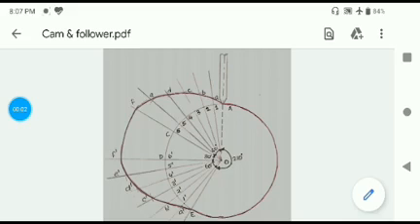Also, I would want you to think over the direction of rotation of the cam in the previous question. Cam can rotate in two directions, either in the clockwise direction or in the anti-clockwise direction.